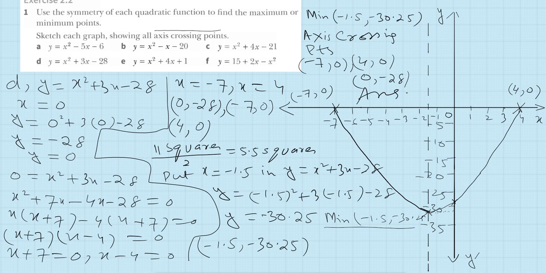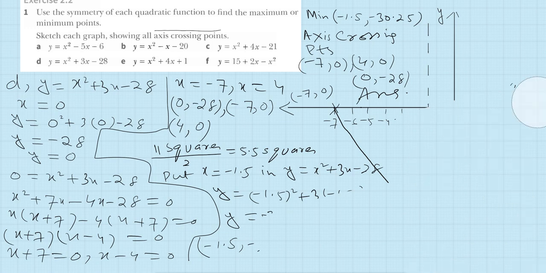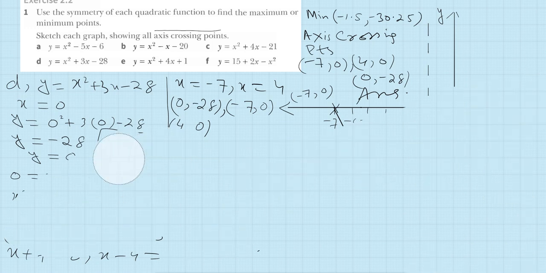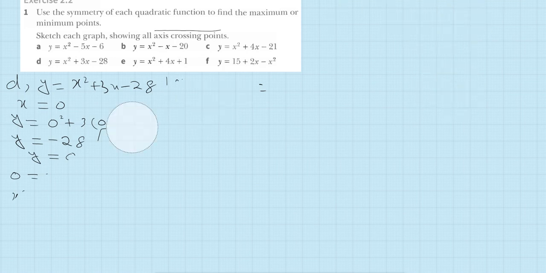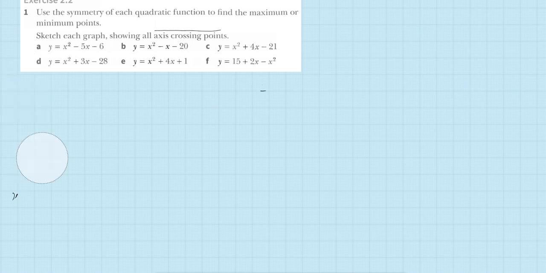Now moving towards part E. What is part E? y is equal to x square plus 4x plus 1.